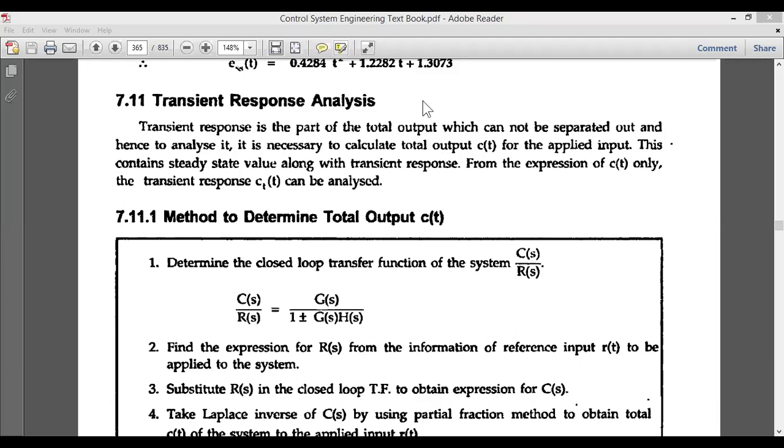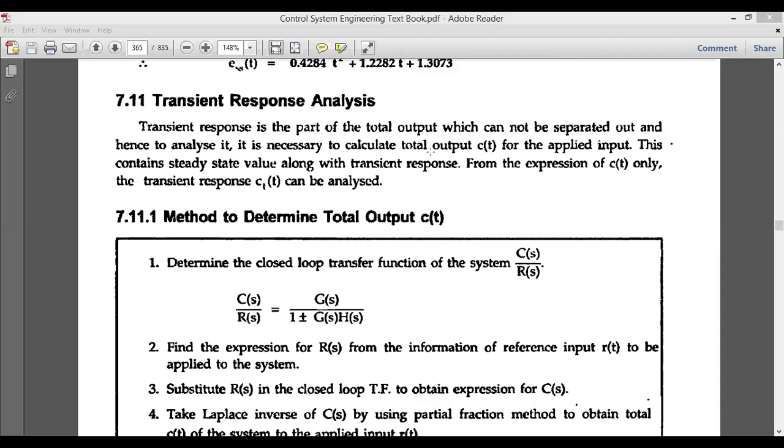Based on the transient response analysis, we can check what actual output we are going to analyze. But there are some conditions when you want to analyze such a transient response signal. It is necessary to calculate the total output for the applied input.